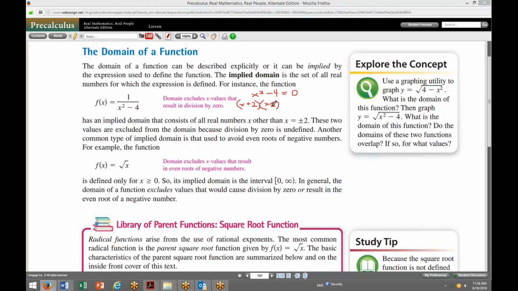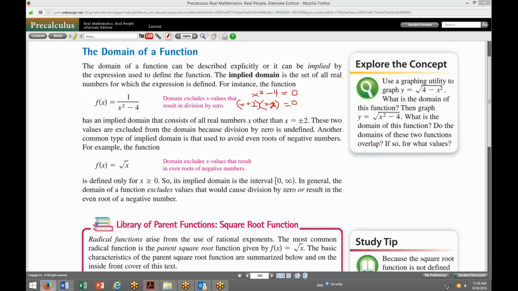Let me write this a little more clearly here, if possible. And so, since we've factored x squared minus 4 into x plus 2 and x minus 2, I want to remind everybody of a very important fact in math.